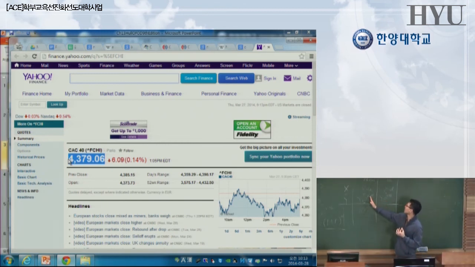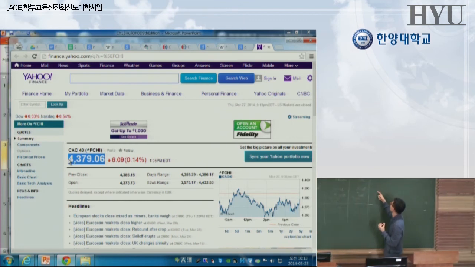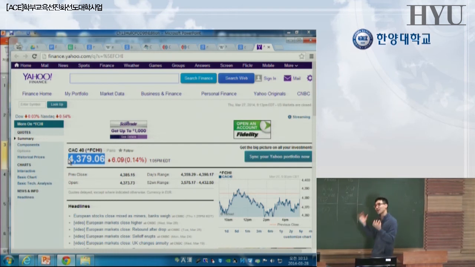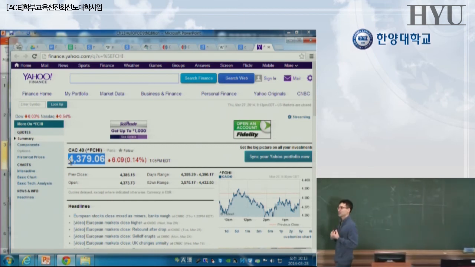So if we subtract this one from this one, we get 100, and this term cancels out, so it is X(U minus D). Divide each side by U minus D, and we get X. Once we get X, we plug that X over here, and then we can get Y, right?